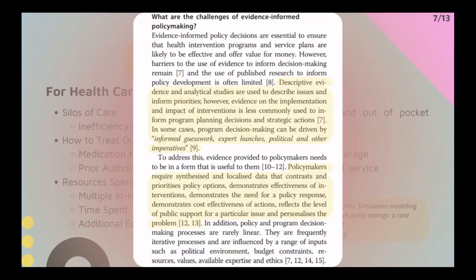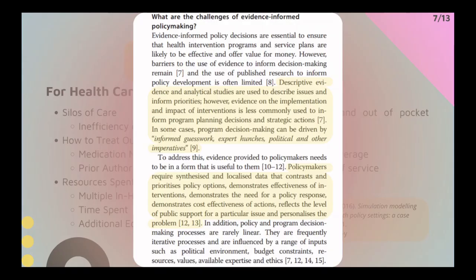However, evidence on the implementation and impact of interventions is less commonly used to inform program planning decisions and strategic actions. In some cases, program decision-making can be driven by informed guesswork, expert hunches, political and other imperatives.